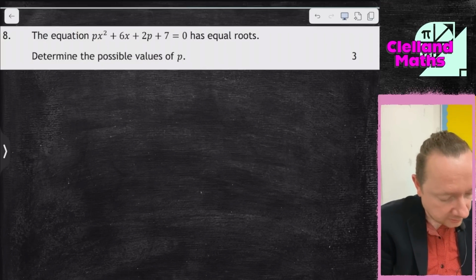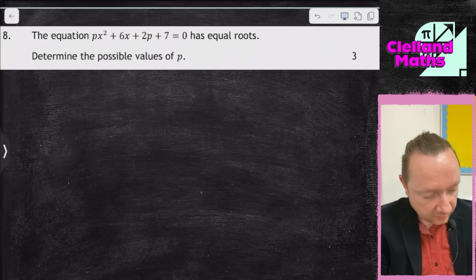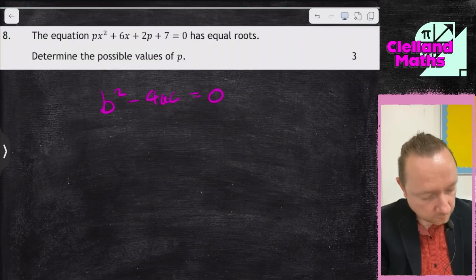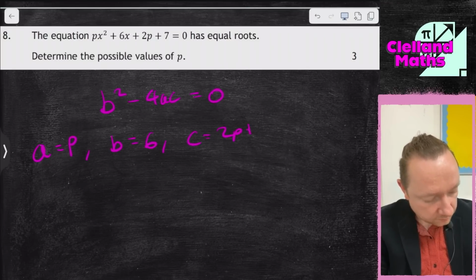So px squared plus 6x plus 2p plus 7 equal roots means look at the discriminant. So we're saying that b squared minus 4ac equals 0. So a is p, b is 6, and c is 2p plus 7.